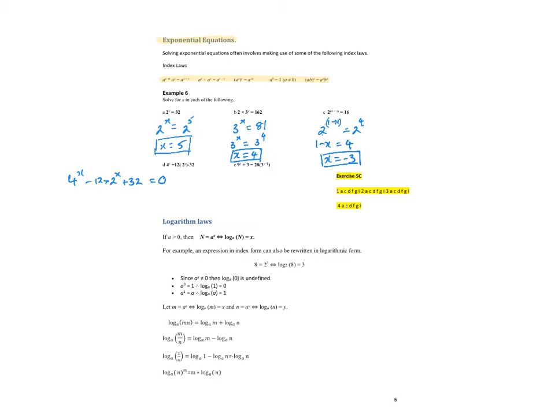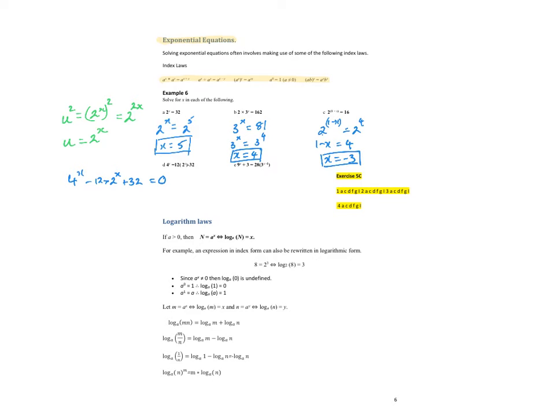All right, so the key here is to realise that this is actually a quadratic. If I do a little substitution here, if I pretend that u is equal to 2 to the x, well, that means u squared is 2 to the x all squared, which is equal to 2 to the 2x, isn't it? So let's keep that in mind.